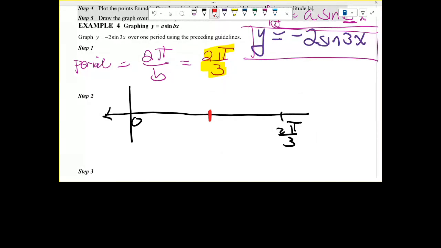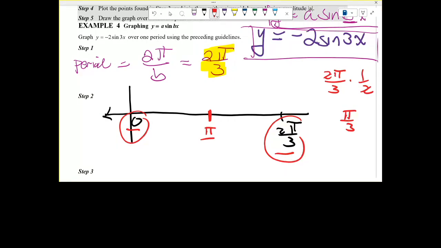The easy way we can do this is add those two numbers together. If we add 0 and 2 pi over 3, you agree we still get 2 pi over 3? We're going to take half of that. If we take half of that distance, wouldn't we just get pi over 3? That, my friends, is that number right there.